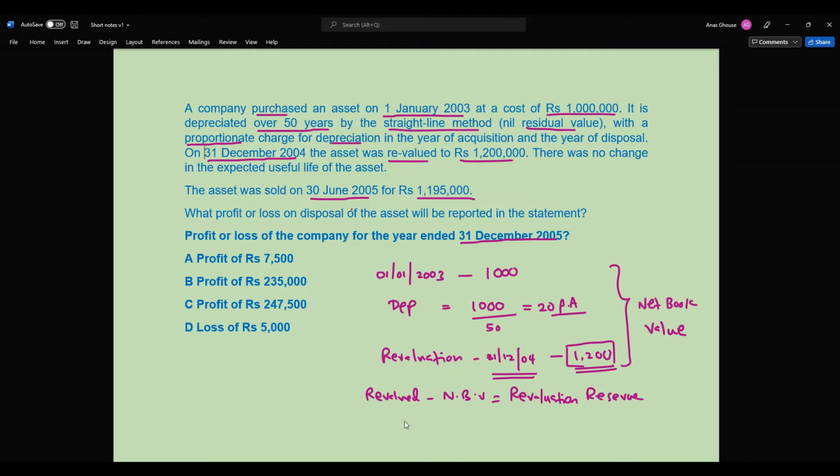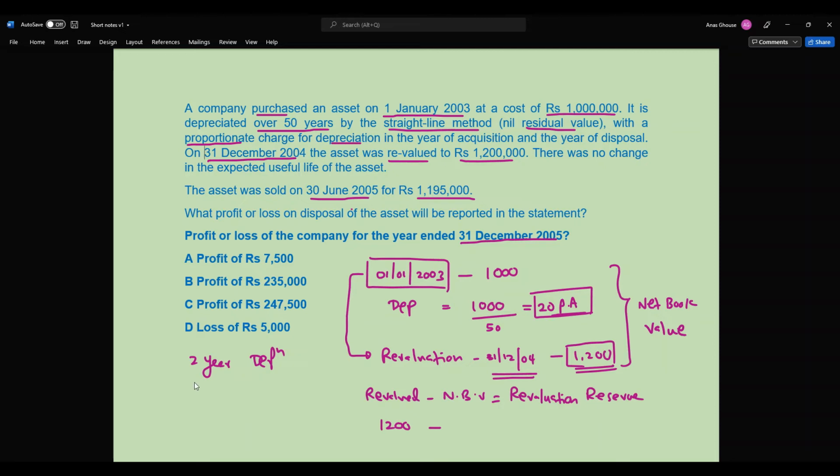Okay, so the revalued amount is 1.2 million. What is the net book value? We know it was purchased on 1st January and revalued on 31st December 2004. So how many years? 2 years of depreciation, which is 20,000 per annum.